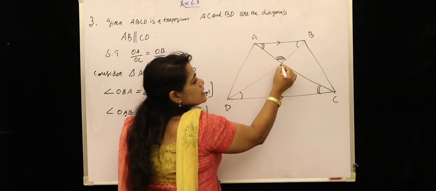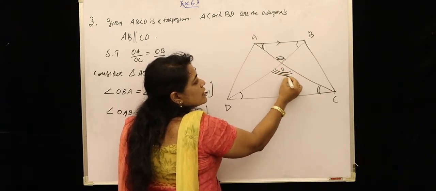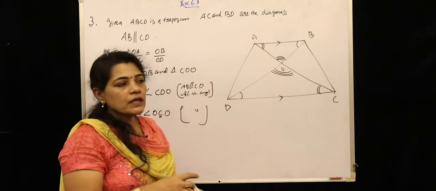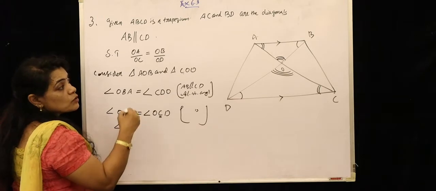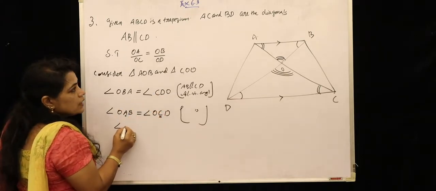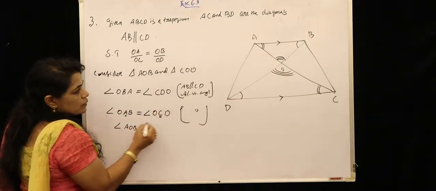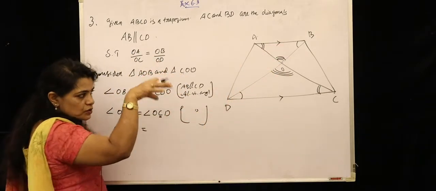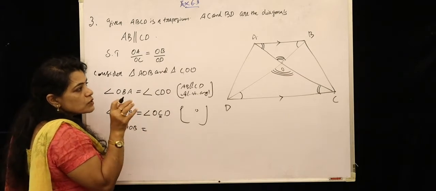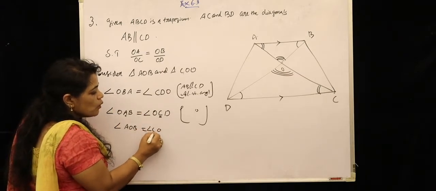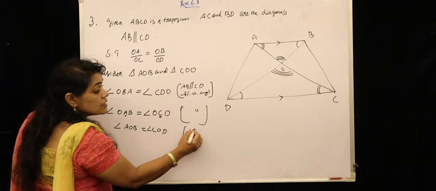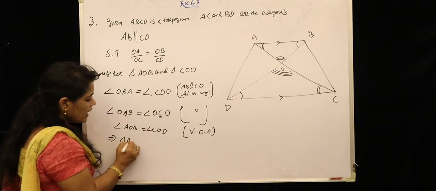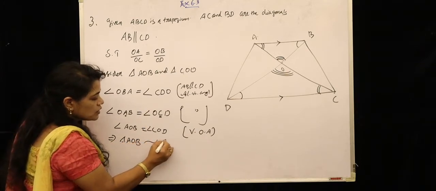By AAA criteria, if you want to write AAA criteria, being they are vertically opposite angles, you can write that also. That means angle in terms of O, that is angle AOB, this is that angle of triangle AOB, will be equal to angle COD. Here the reason is vertically opposite angles, which implies triangle AOB is similar to triangle.